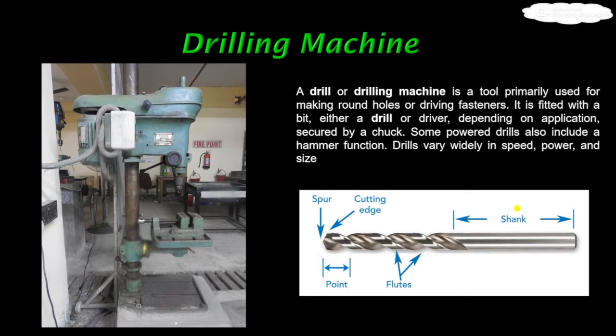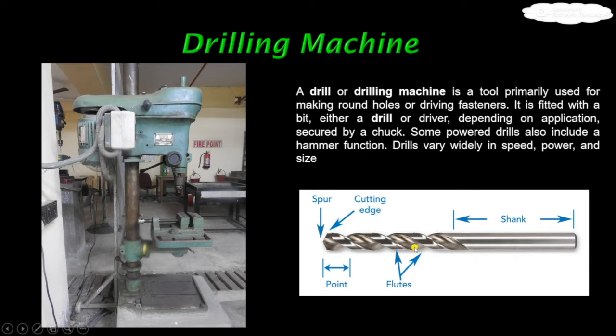And this is the drilling machine. This is called the twist drill or a drill bit. It is attached here. This is the tool holding device, and this is the cutting tool. This is the drilling machine, and circular holes are produced.